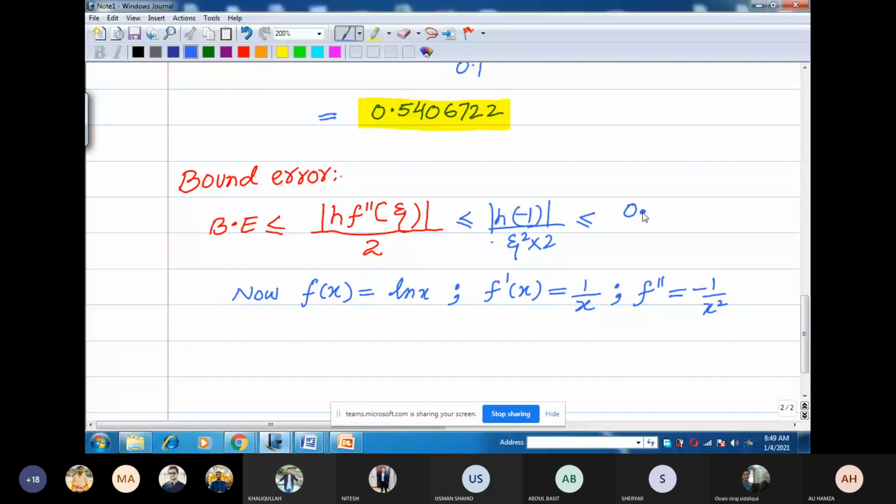H is 0.1, over 0.8 square times 2, approximately equal to 0.0154321. Okay, this is called the bound error या error bound.